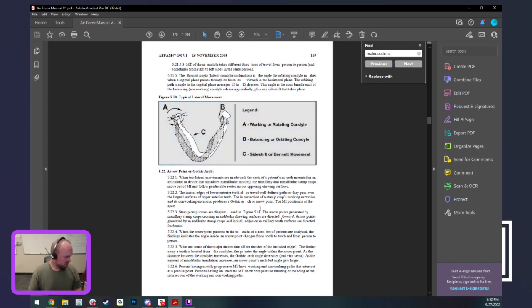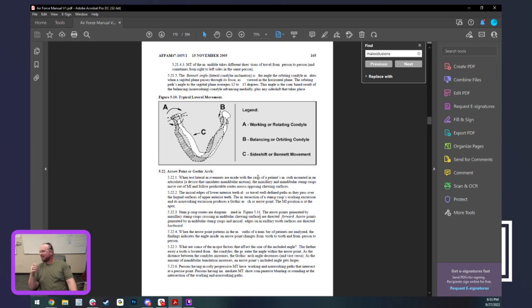When test lateral movements are made with the cast of a patient's mouth mounted in an articulator, the maxillary and mandibular stamp cusps move out of MI and follow predictable routes across opposing chewing surfaces. Oh my gosh, why do they have to say everything so complicated? Like, I'm verbose. I use a lot of words. I get picked on for the words that I use. Oh, woe is me.